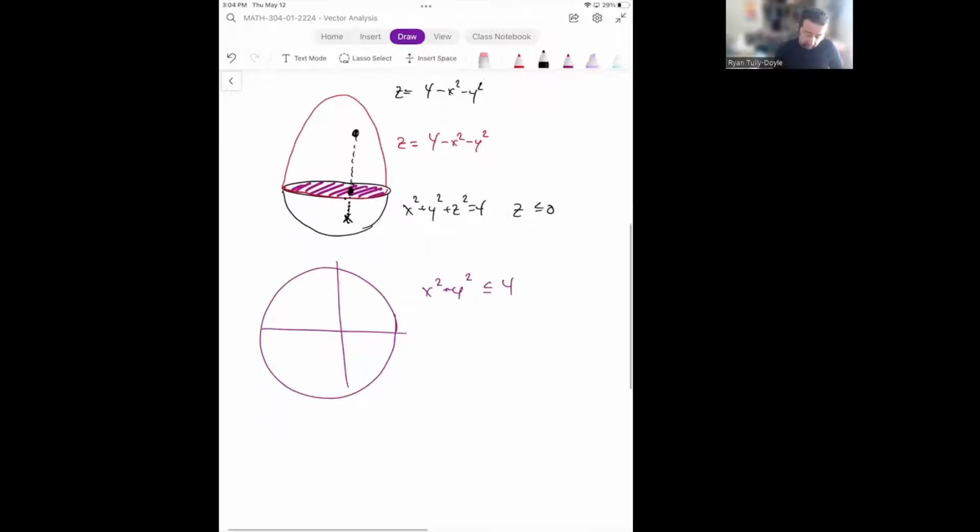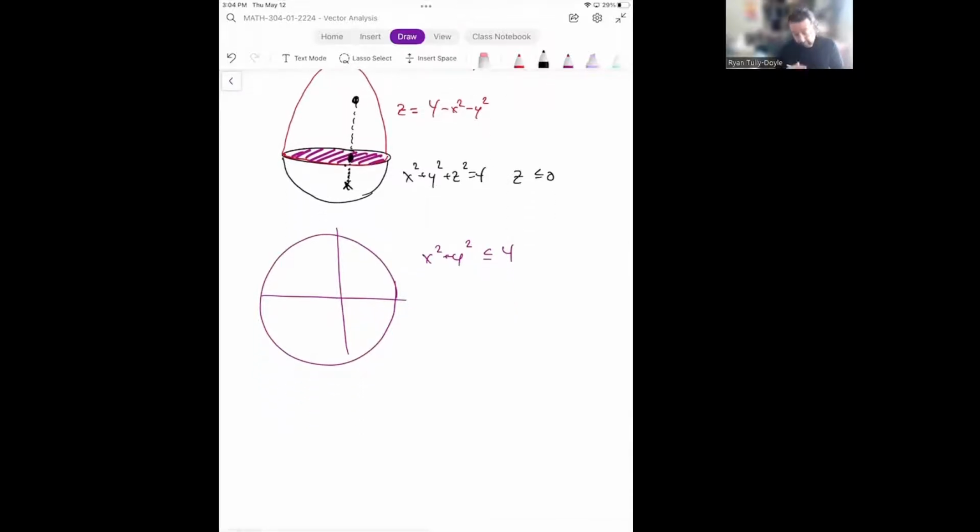So when I look at this, if I was going to set this region up, the first thing I want to say is what do the z values range through? Given a point xy that's contained inside here, if I have fixed xy values, the z values that I range through start on the bottom with, well, we have to solve this equation for z.